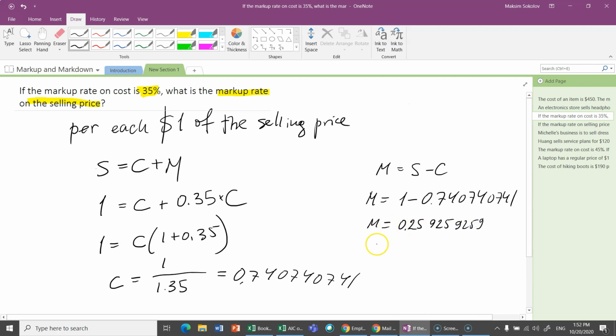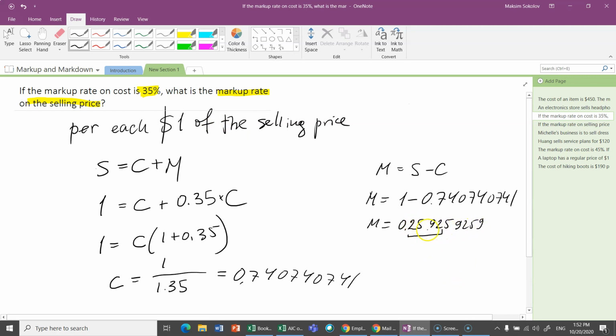But we actually now need only 4 decimals here. The reason is because we're looking for percent. And in fact, what is going on here is that we found this markup for each $1, but that's the same as percent.